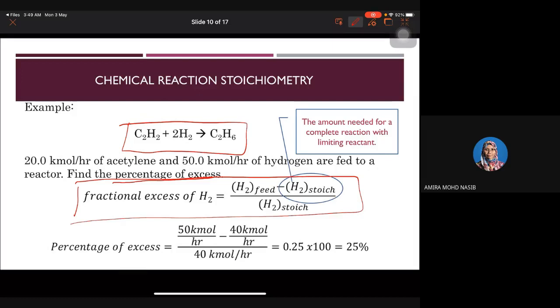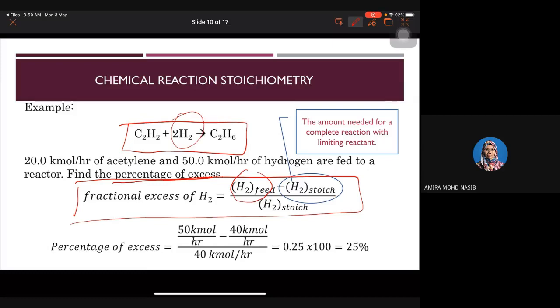And from the previous slide, we know that the excess reactant is hydrogen. So the equation needs amount of hydrogen feed minus amount of hydrogen that been used based on stoichiometric equation, divided by amount of hydrogen that been used based on stoichiometric equation.